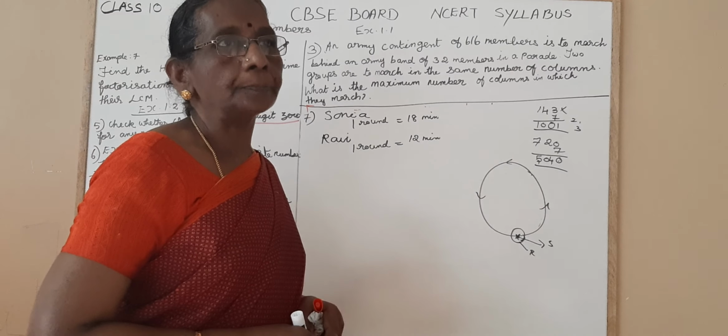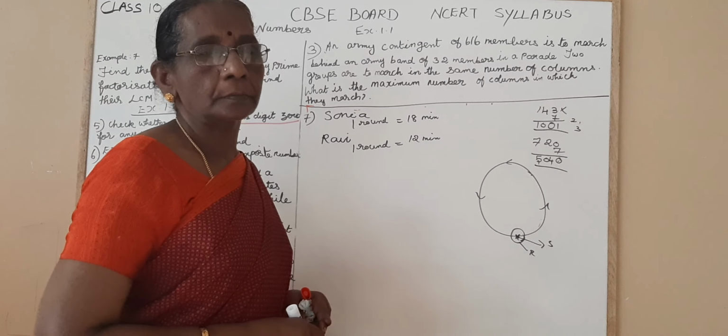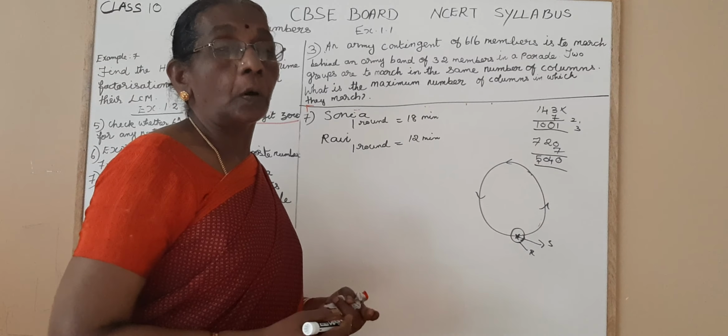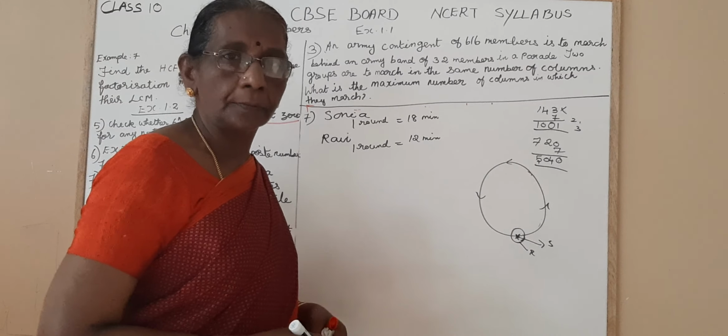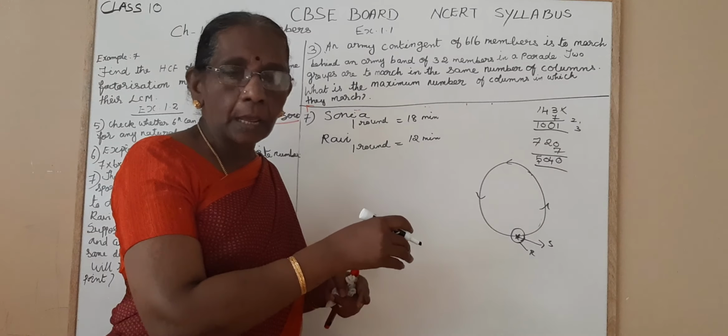We have to find. So either you have to find the LCM or HCF in this question. So you decide what you have to find, LCM or HCF. Okay, here the answer will be more than 18 and more than 12.